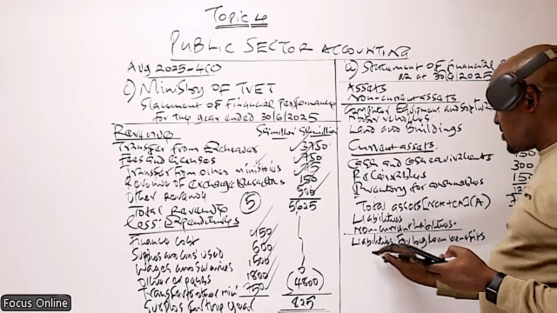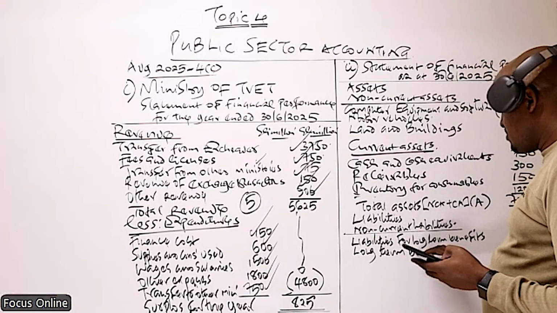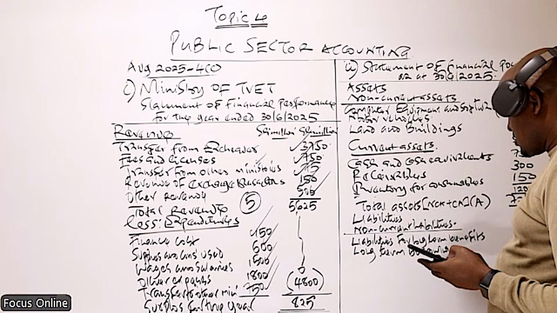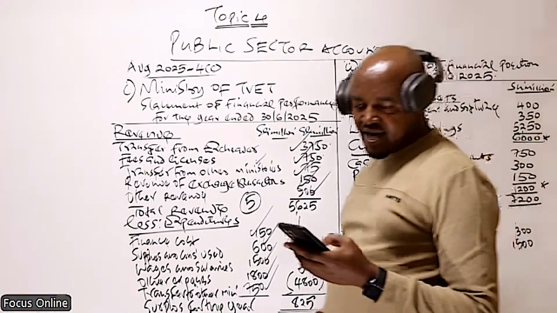And then below that, we have long-term borrowing, which is an amount of 1,500. So those are non-current liabilities.